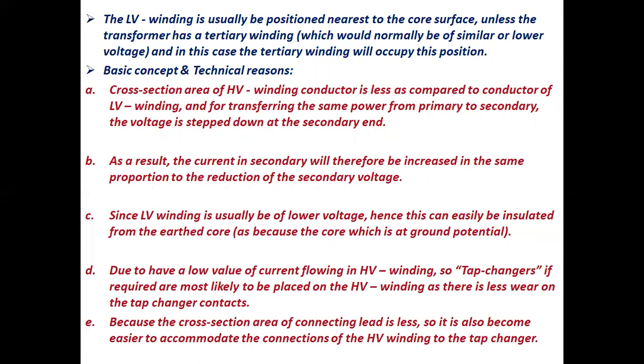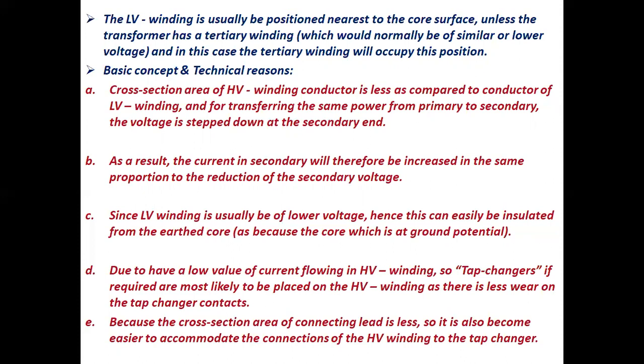The LV winding is usually positioned nearest to the core surface, unless the transformer has a tertiary winding which would normally be of similar or lower voltage, and in this case the tertiary winding will occupy this position.